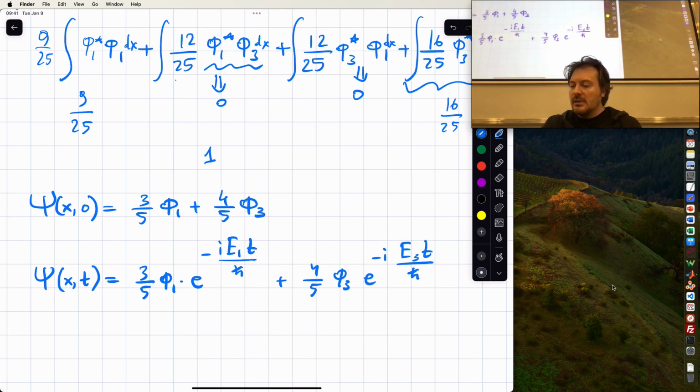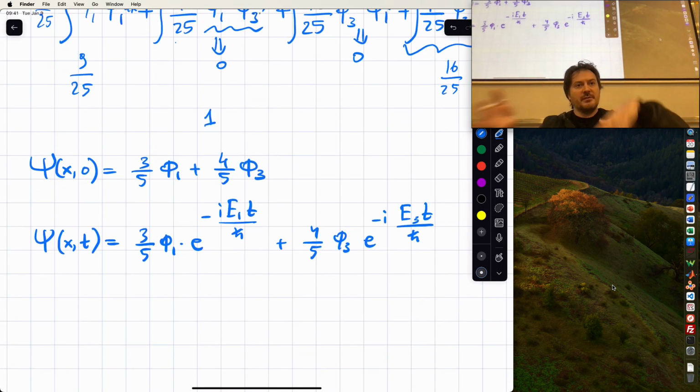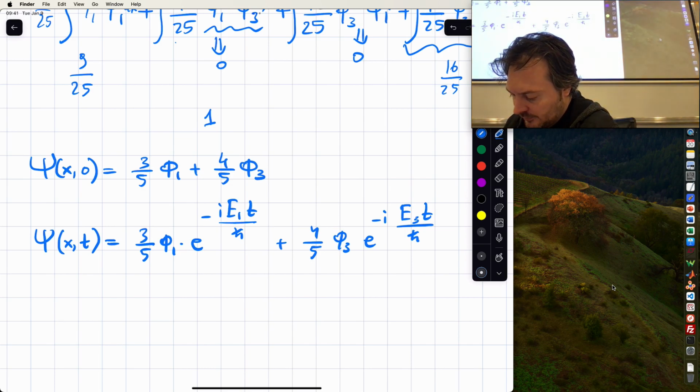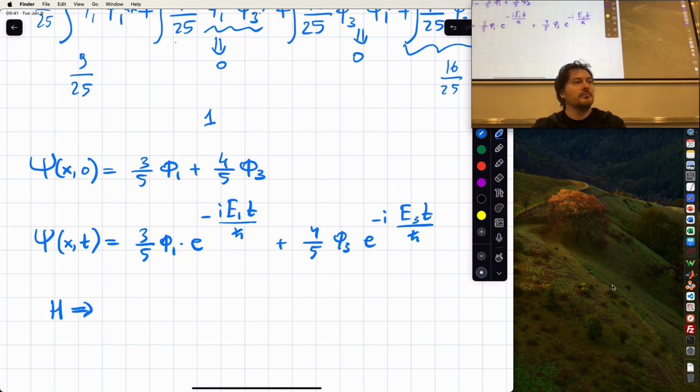Now, I have suggested that if this is moving, this is oscillating. What if I make an energy measurement? What comes out? What is the probability of getting E2? 0. Why is it 0?